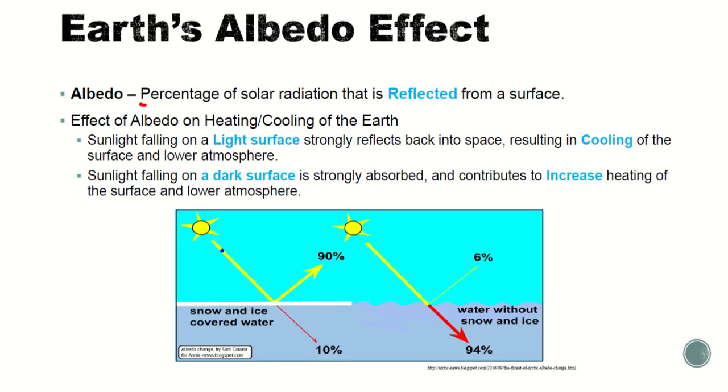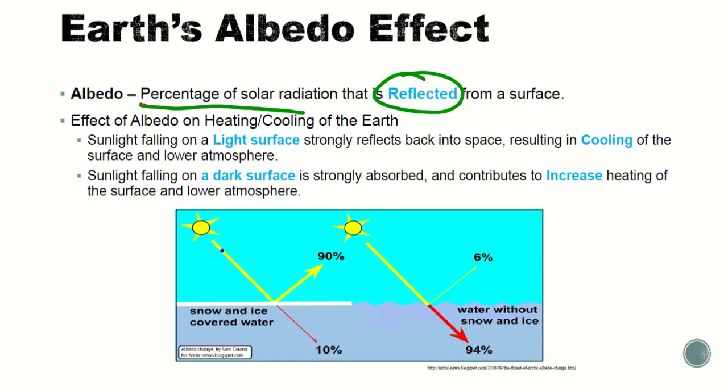The albedo effect, what we have here is the percentage of solar radiation that is reflected from a surface. So in the middle of summer, you probably wear more light-colored clothes because the sunlight is reflecting off your clothes. Darker colors are going to absorb that heat and make you hotter.